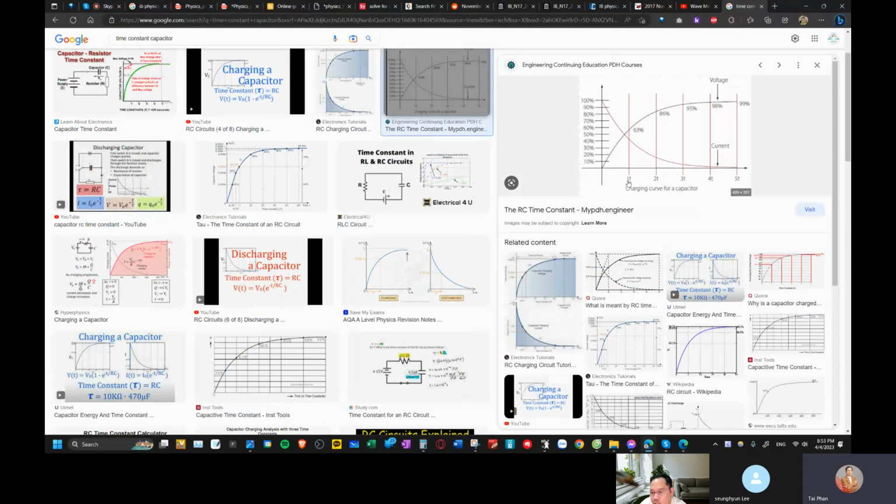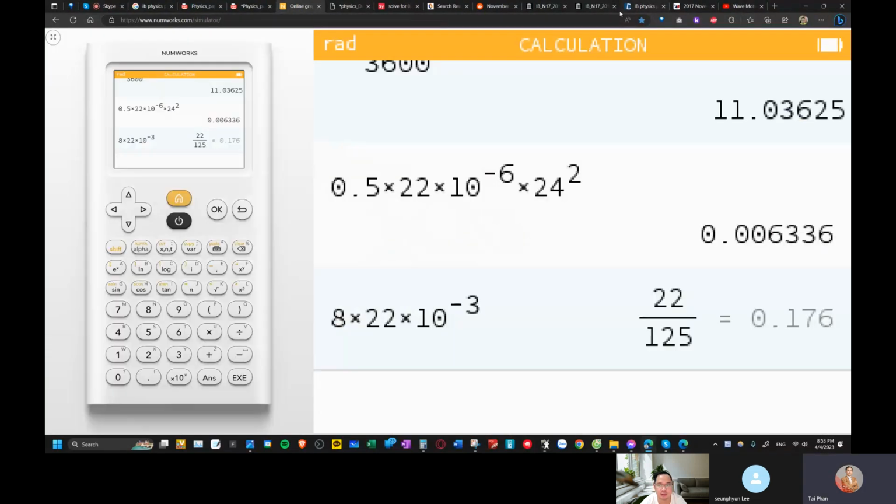After one time constant, the time constant is the resistance R multiplied with the capacitance C. Sorry, this is the current. The current decreases during the discharging process to 37%, which means the drop is 63% in one time constant. That is the meaning of the time constant.